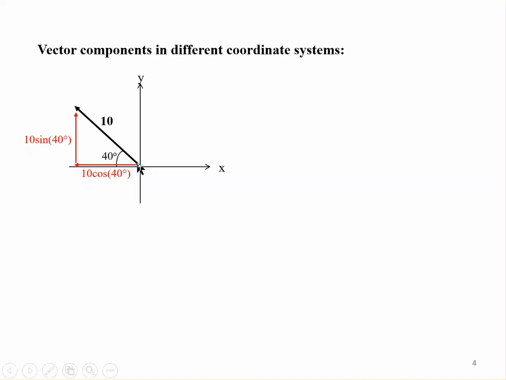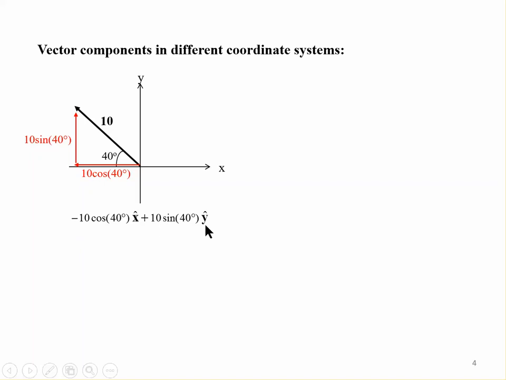So again, this vector plus this one adds up to the original. Therefore, I could write this original vector as negative 10 cosine 40 in the x-hat direction plus 10 sine of 40 in the y-hat direction. So if I wanted to express this original black vector in terms of its xy components, I would write it like this.